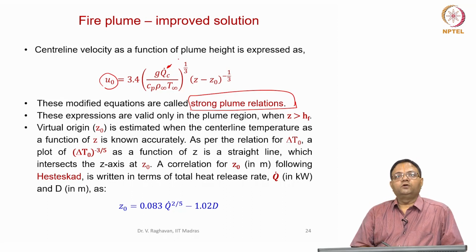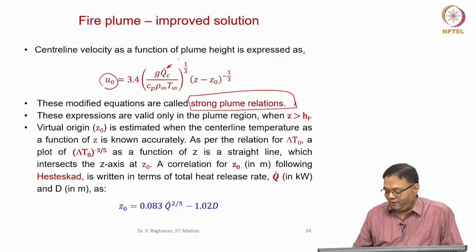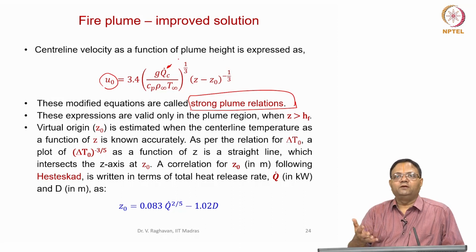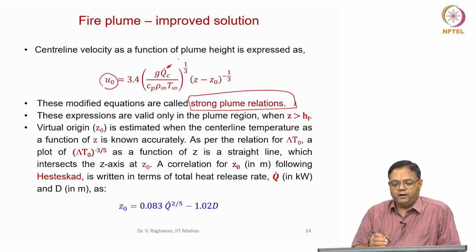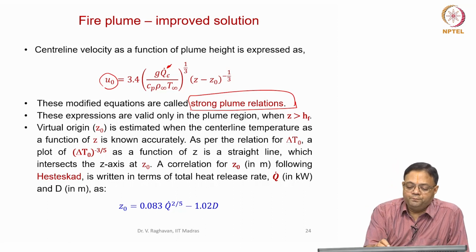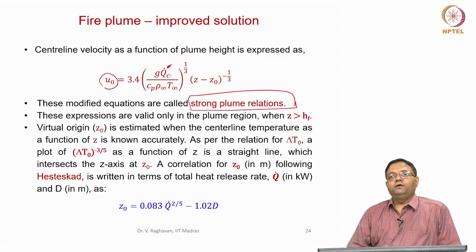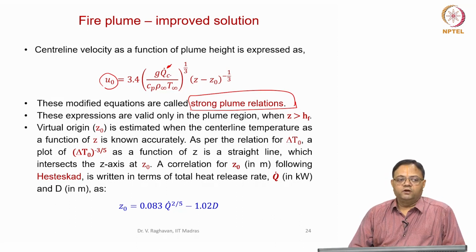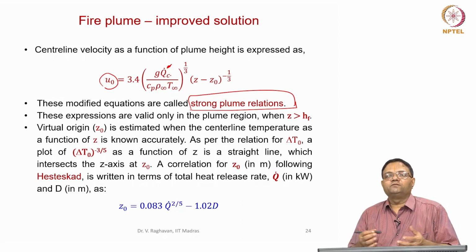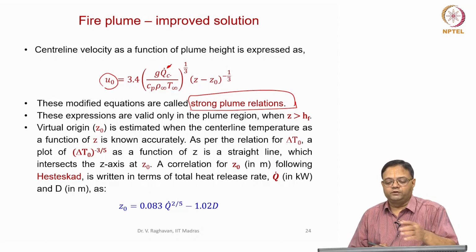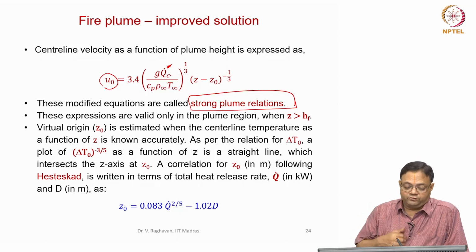These solutions are valid only when the fire is strong enough, because they have been supported by experiments. The expressions given here will be valid for strong plumes. If the plume is weaker, there will be some discrepancies when you compare the results with the experiments.